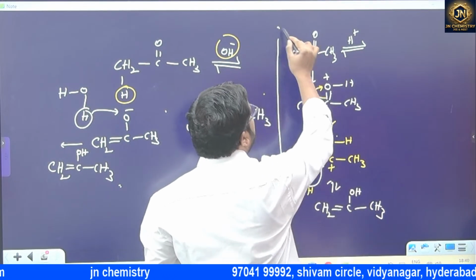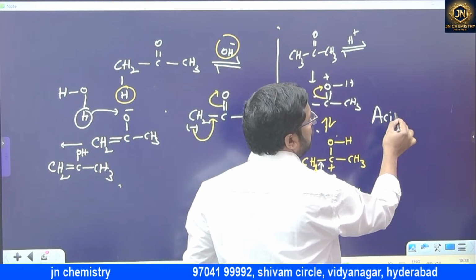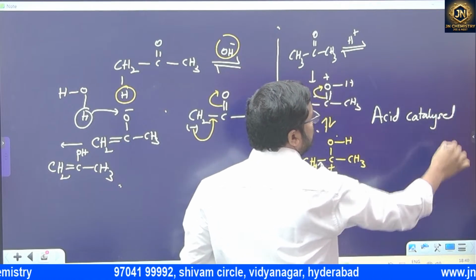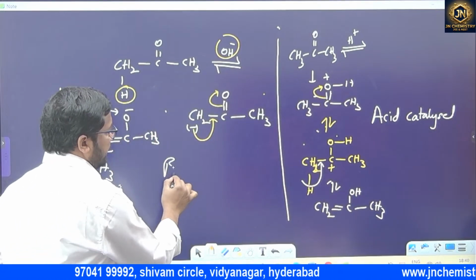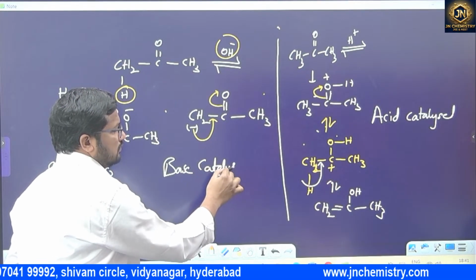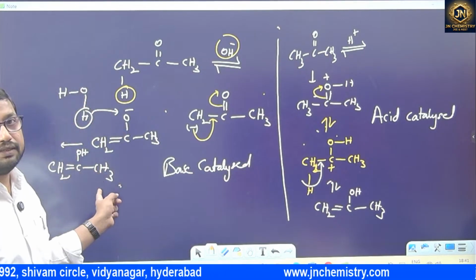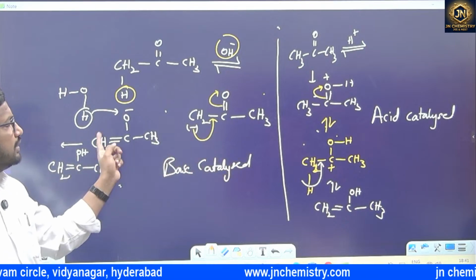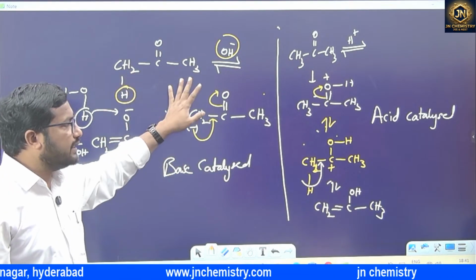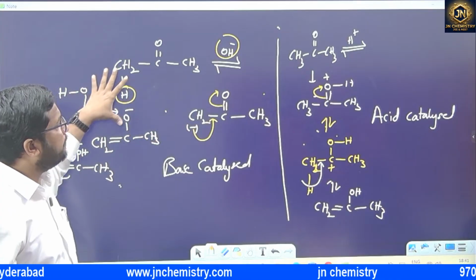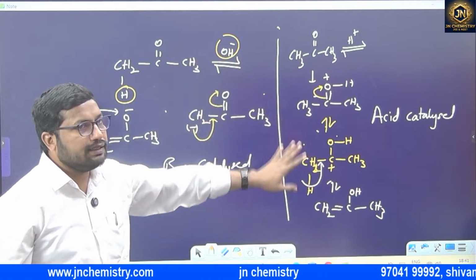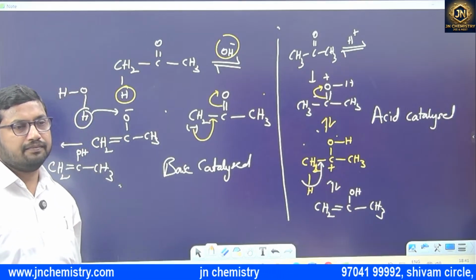This is the acid catalyzed mechanism. This is the base catalyzed mechanism. Acid catalyzed mechanism, base catalyzed mechanism. The people who didn't understand or didn't write, please let me know. So this is the mechanism in case of base catalyzed, and this is acid catalyzed.